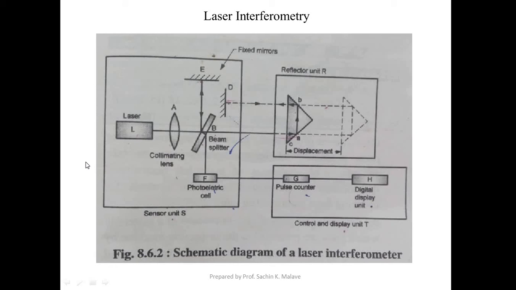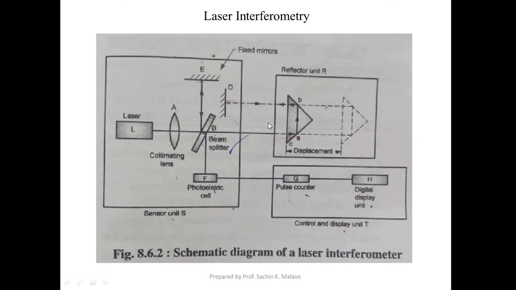In the sensor unit, as you can see, there is a source of light denoted by the laser beam. Then after that there is a collimating lens. After that collimating lens, there is a beam splitter. For producing the interference fringes, we always require 2 waves, isn't it? So one wave is split into 2 waves, so there is a beam splitter.